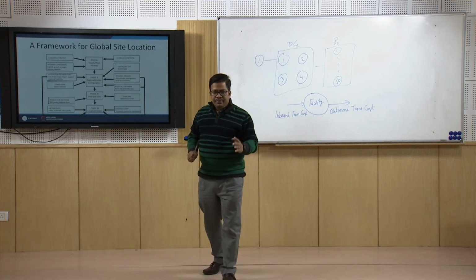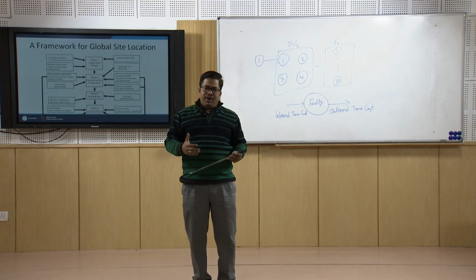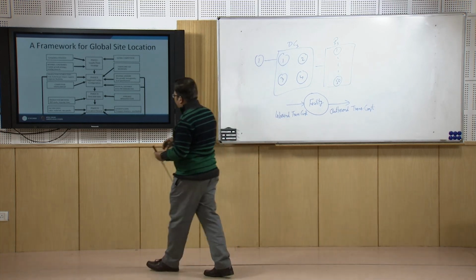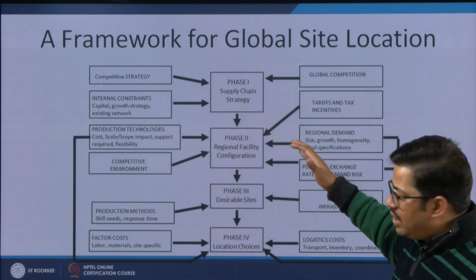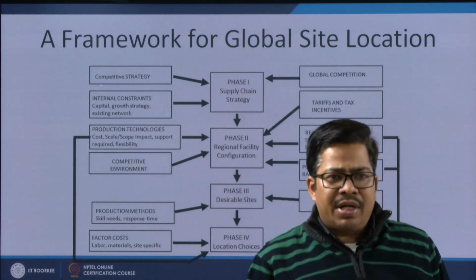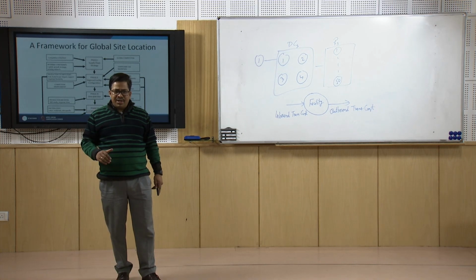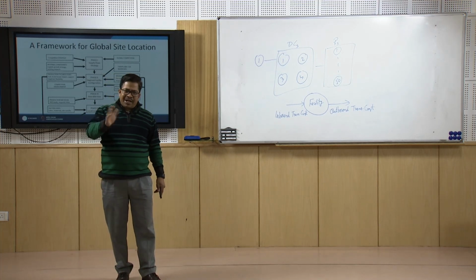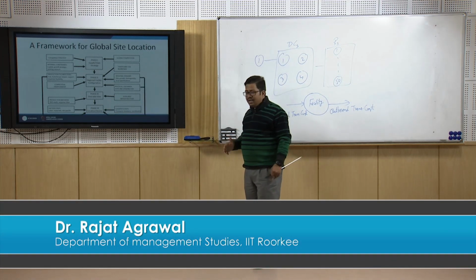We are stopping this session here, but in our next session we will see some of the mathematical models and mathematical analysis which can help us in selecting the regional facility and the desirable sites on the basis of various required inputs. We request you to practice with Excel solver; if you can install Excel solver on your computers, we will do some questions here, and with the help of those questions you can also practice at your end, and see how in real time the modeling related to networks can be done.